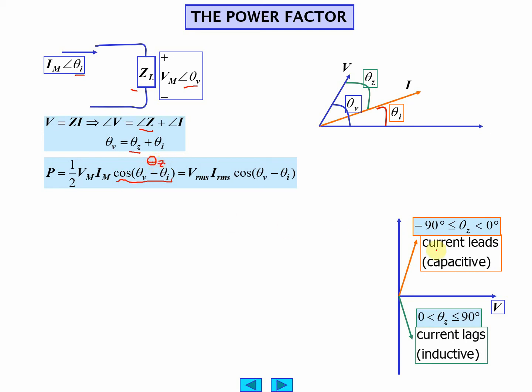Okay, now down here, this graph that popped up, if the voltage is along the x-axis here, then the current leads if it's capacitive, the current lags if it's inductive. The range of angles of the impedance given by this.